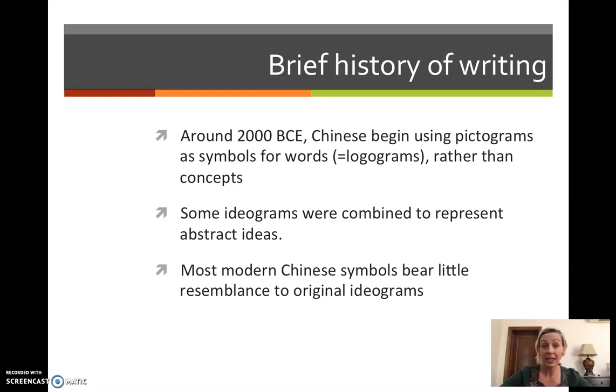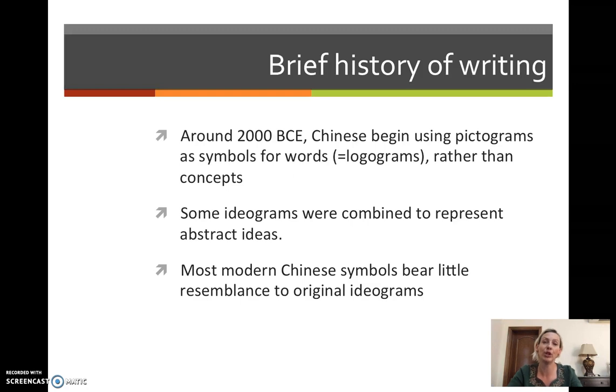Now, a little bit later, in around 2000 BCE, people in China developed a writing system, and they started using symbols for entire words, so logograms. Then some of them were combined to represent different ideas.